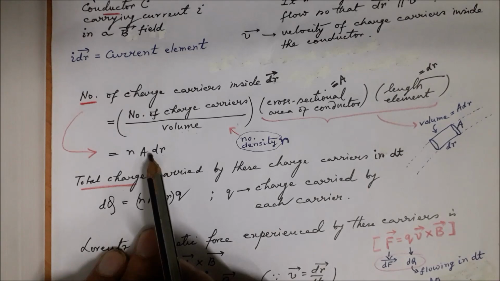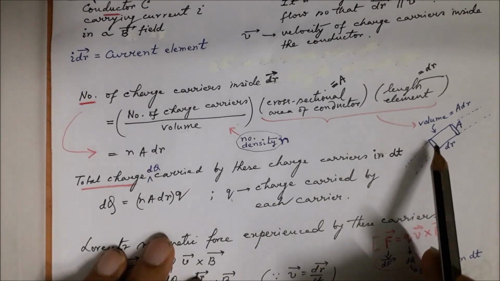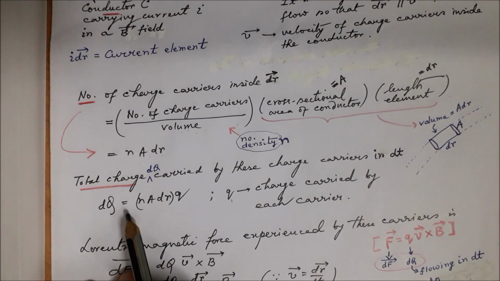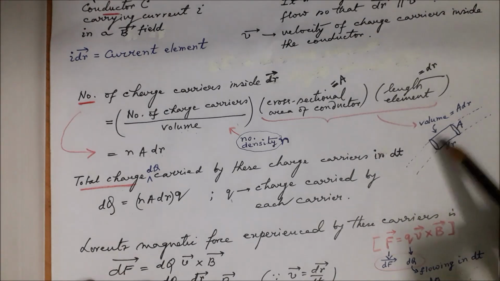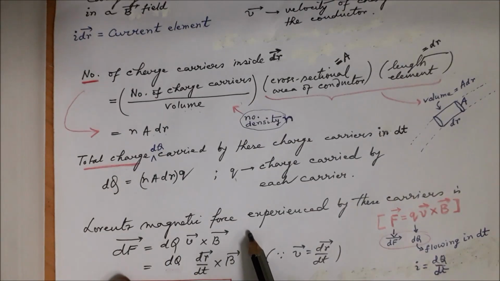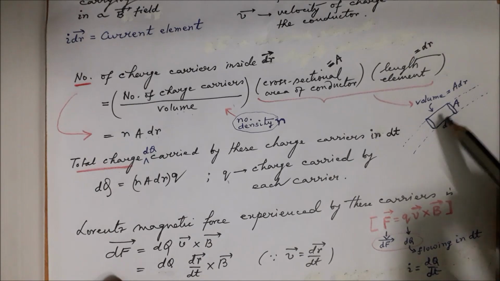If you multiply it with q, which is the charge carried by each carrier, then we get the total charge dq, which flows in time dt through this volume A dr.